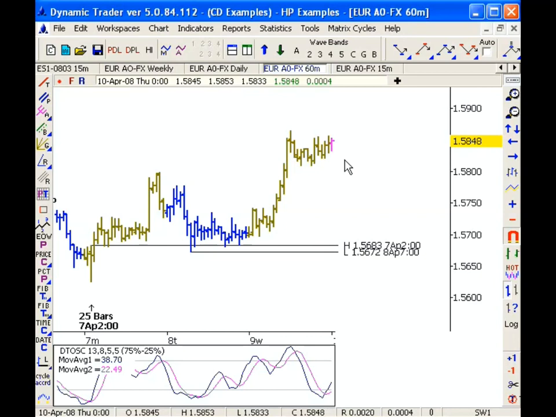So that looks like a good logical place to bring that stop up closer to the market, to this swing low made before the bullish momentum on the 60-minute data. So we're going to adjust the stop all the way up here to just below this swing low at 158.11, or excuse me, 158.10.